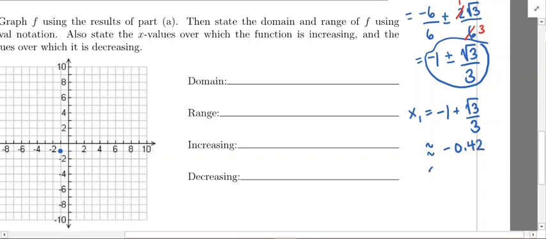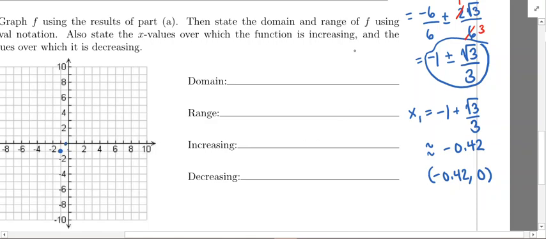That means the first x-intercept is approximately at -0.42. That's the x value. The y value will be 0. If we had to draw that on our graph, it's going to be a negative x value, somewhere between 0 and -1. So maybe right here.